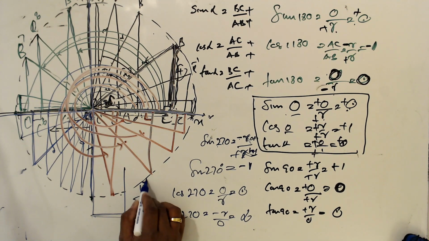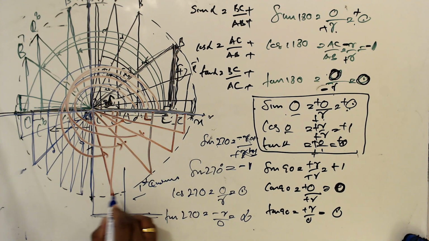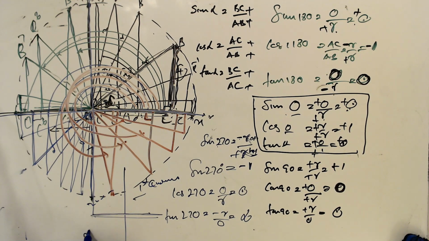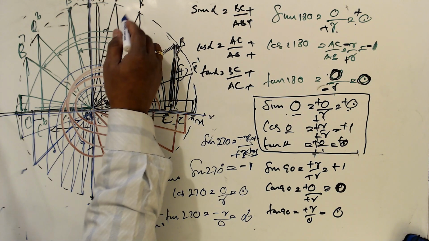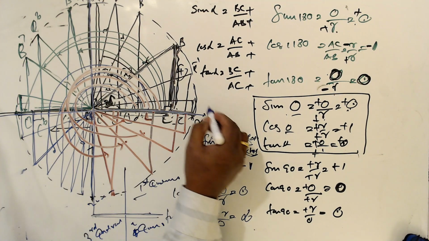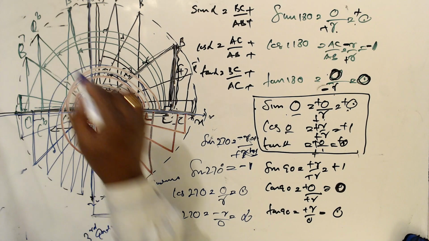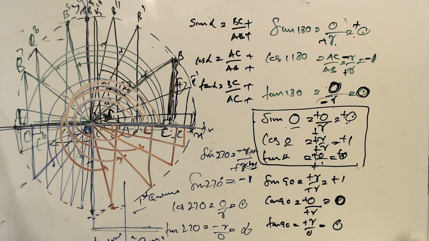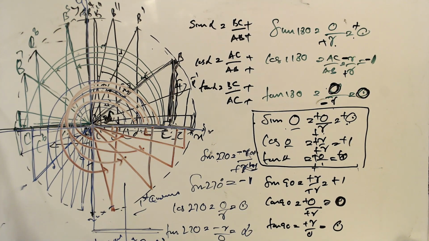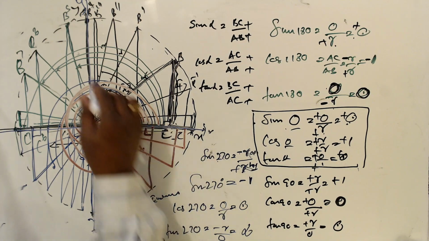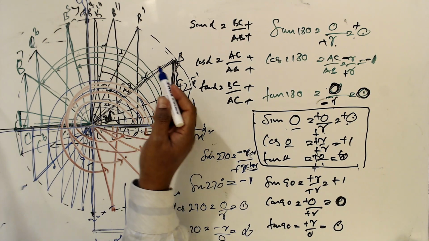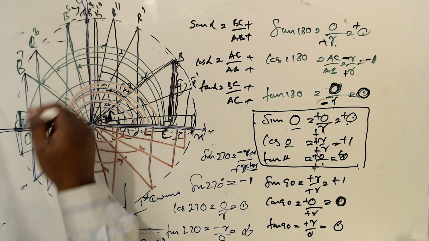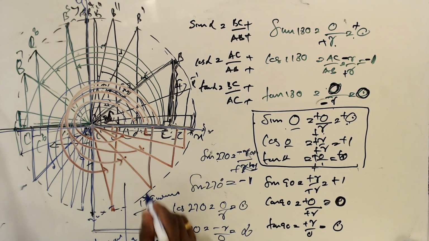So this is the first quadrant, this is the second quadrant, this is the third quadrant, and this is the fourth quadrant. This is the xy plane and this is the first quadrant, and this is the second quadrant, third quadrant and fourth quadrant.